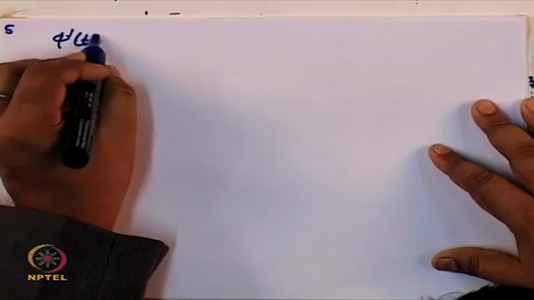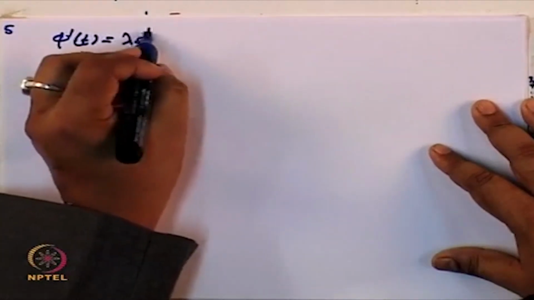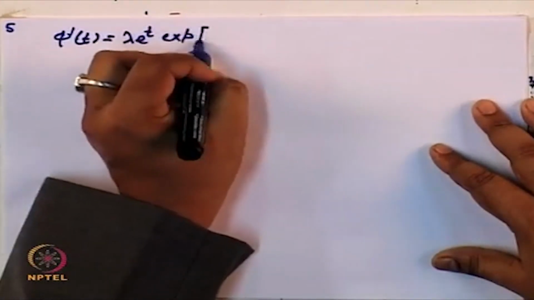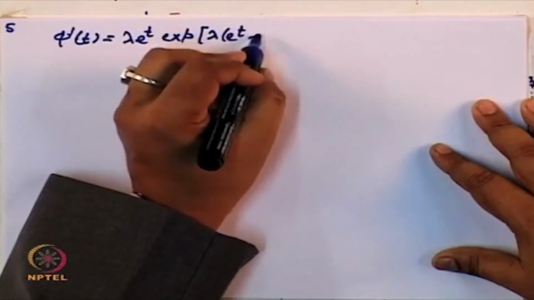Okay. So, phi prime t is given by lambda e to the power t into exponential lambda into e to the power t minus 1.